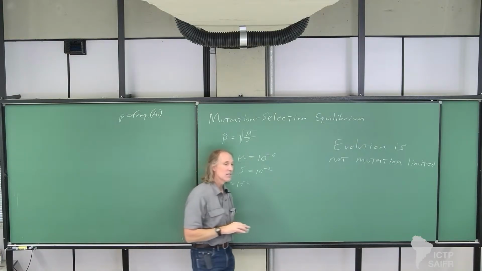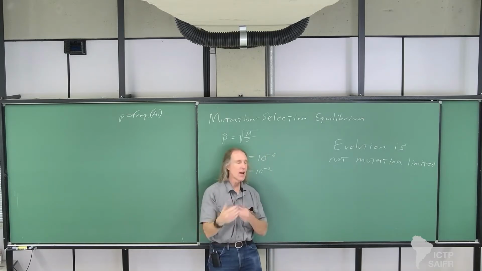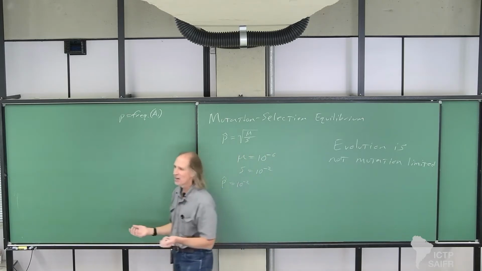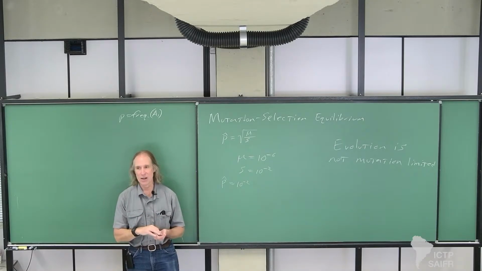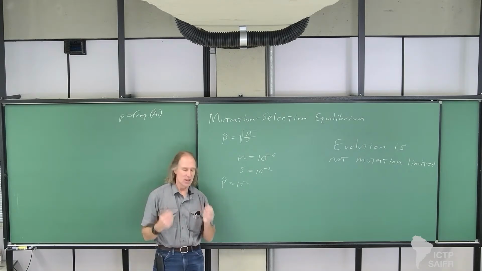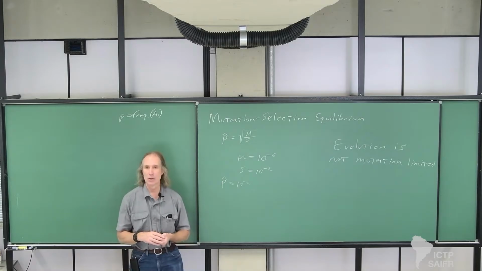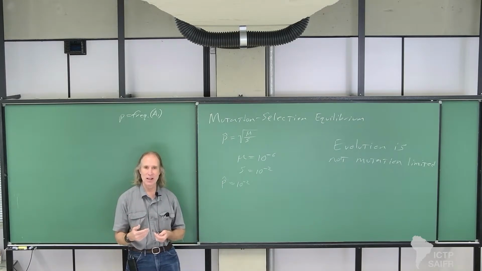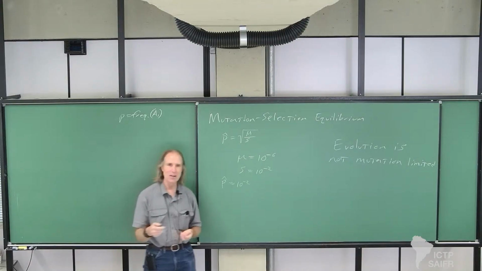One of the things they wondered about was how far they could select before they ran out of variation. They never run out of variation, right? That surprised people. The reason is that initially there was a lot of variation due to mutation selection equilibrium. As they started selecting, rare alleles started appearing in new combinations by recombination.